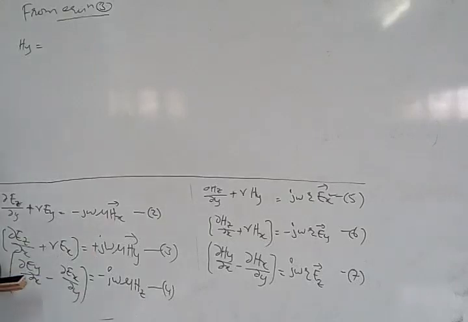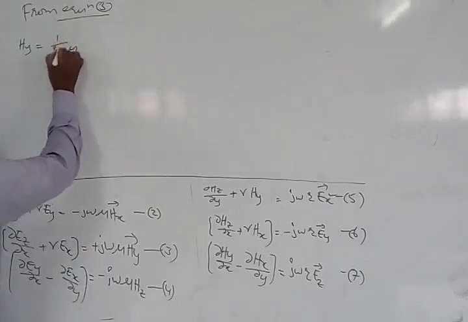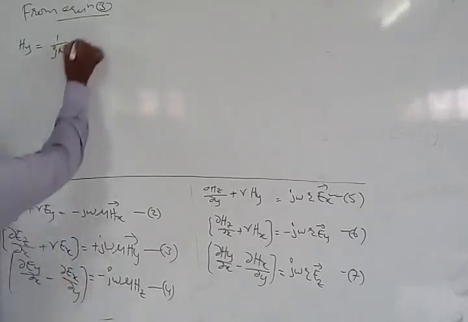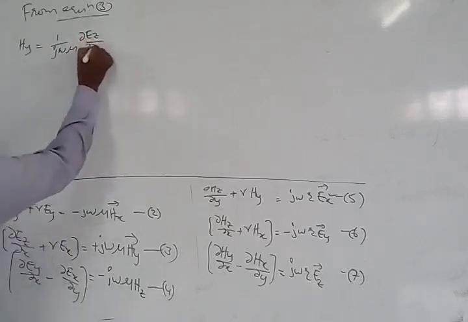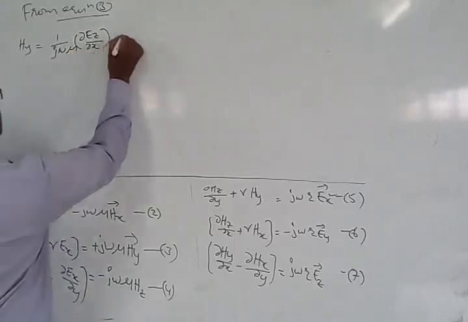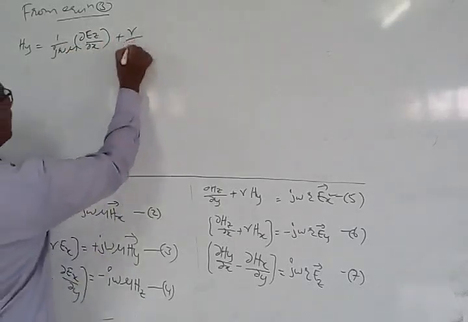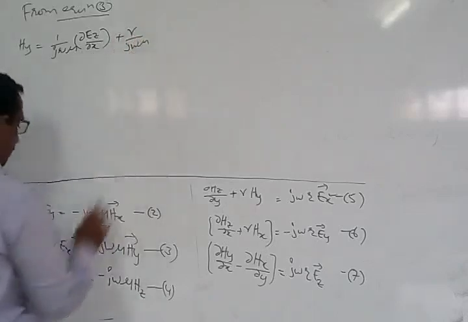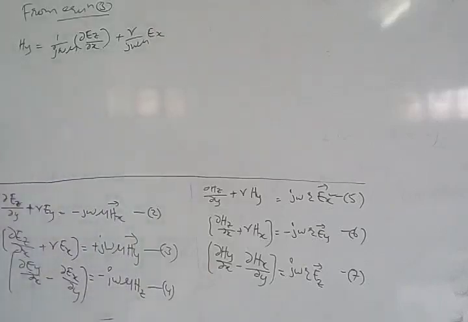Hy is equal to 1 by j omega mu dou Ez by dou x plus gamma by j omega mu Ex. So this is the equation which I have got.